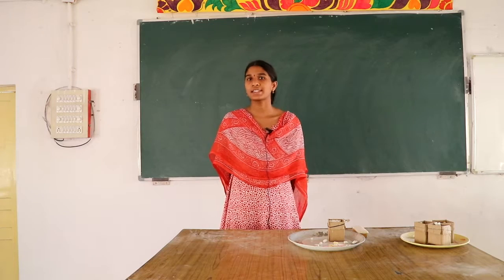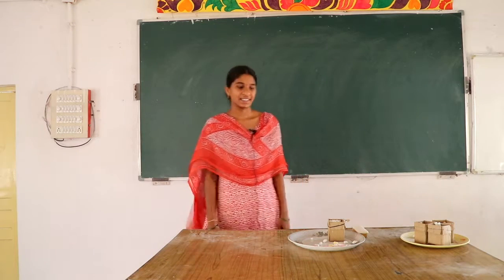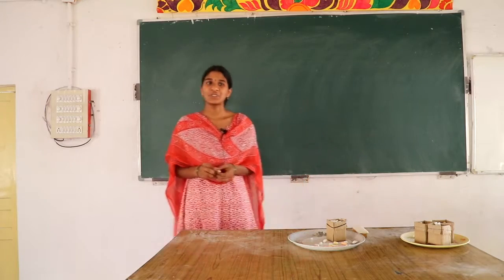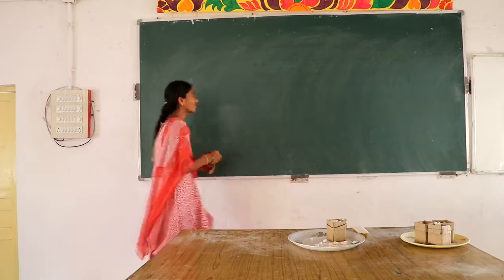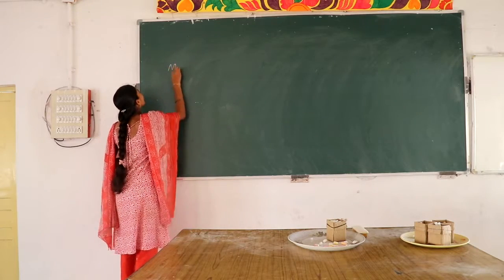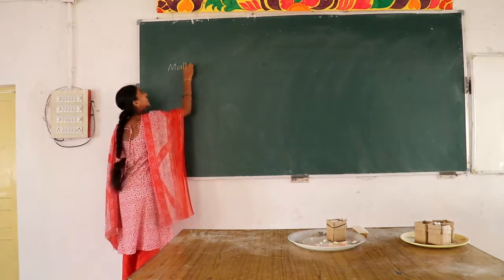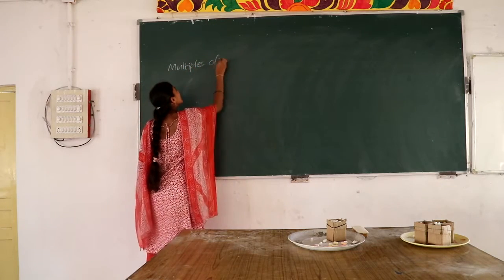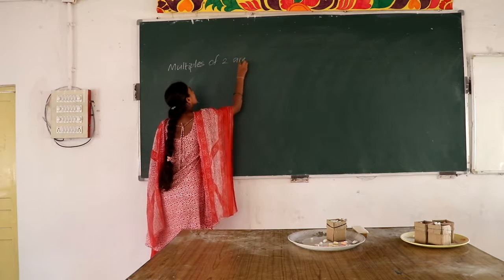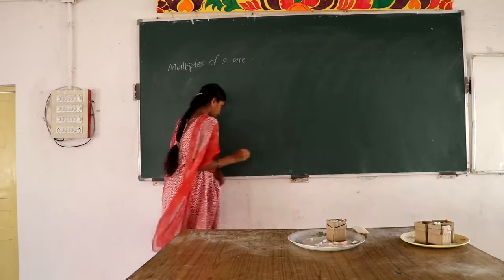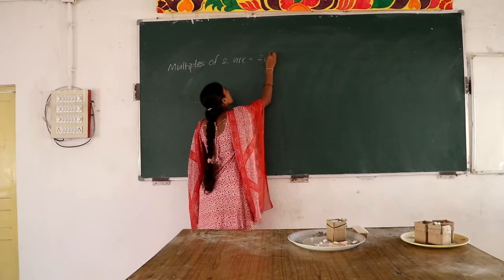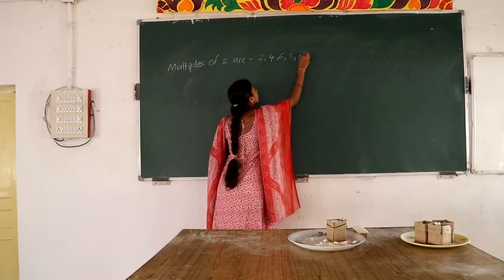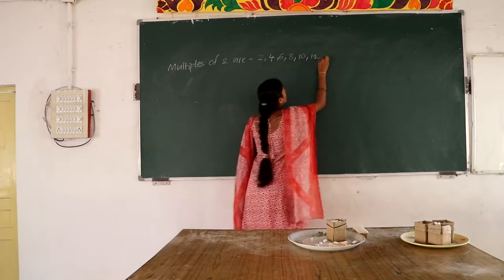Before going to our topic, I will ask some questions. Do you know multiples? Yes. What are the multiples of 2? Multiples of 2 are 2, 4, 6, 8, 10, 12 up to so on.